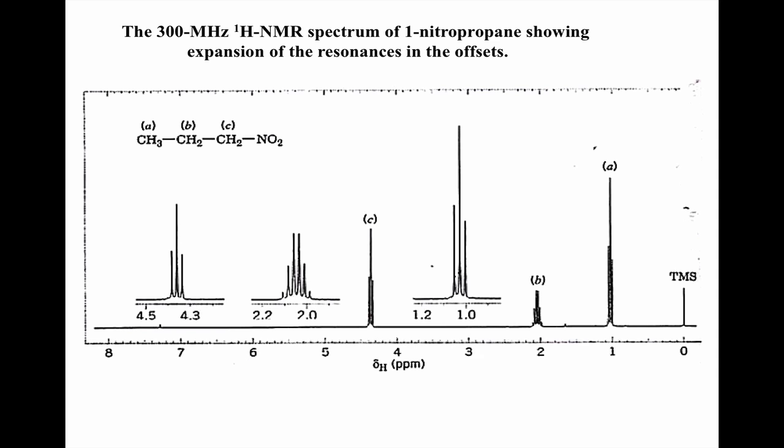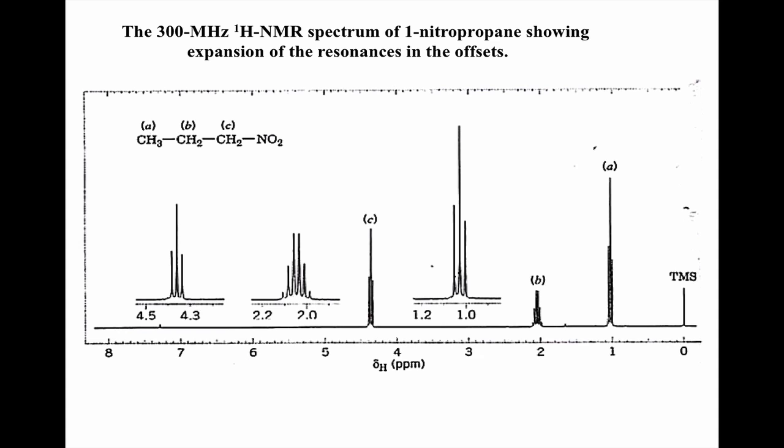Okay? And this is proton C. How many neighbors do they have? 2, so they appear as a triplet. A, this methyl group, is around 1. How many neighbors do they have? So they appear as a triplet. And then B, it's going to be kind of in between because it's closer to the nitro group than the methyl group, but it's further away than the methylene directly attached to the nitro group.